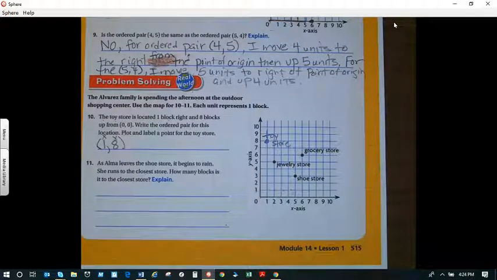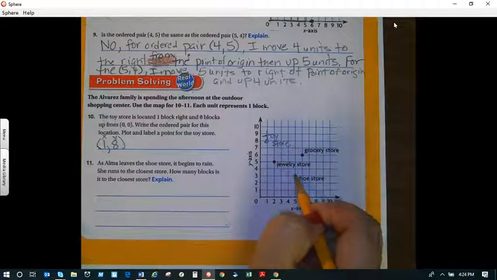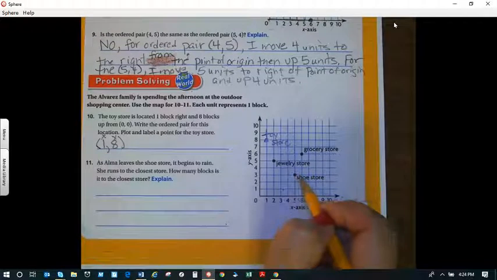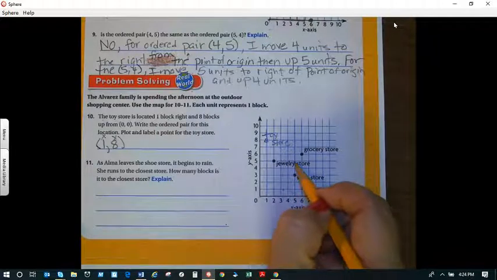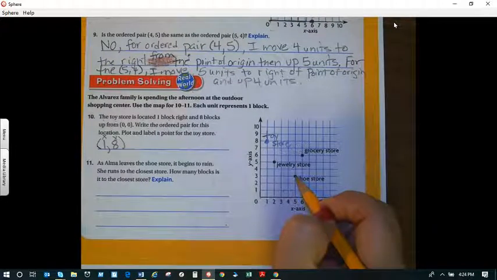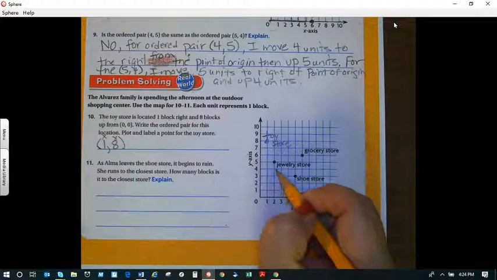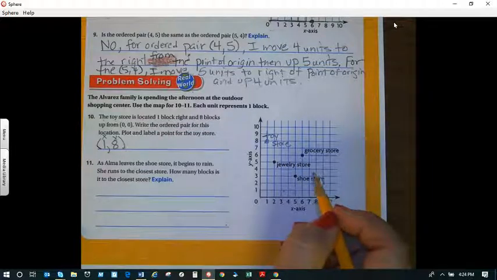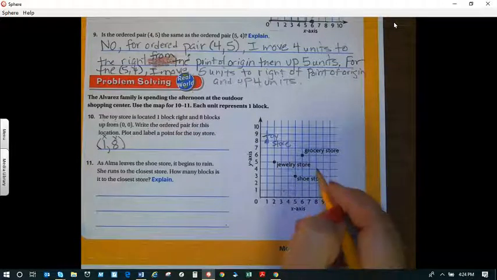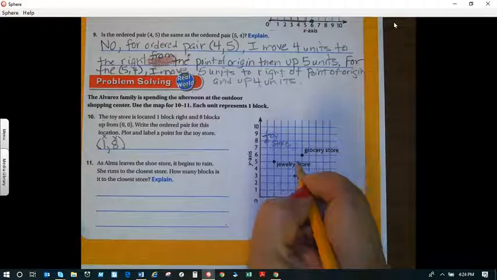Then at 11, as Alma leaves the shoe store, it begins to rain. So she runs to the closest store. How many blocks is the closest store? Well, let's look. I got to go here. So it's 1, 2, 3, 4, 5.